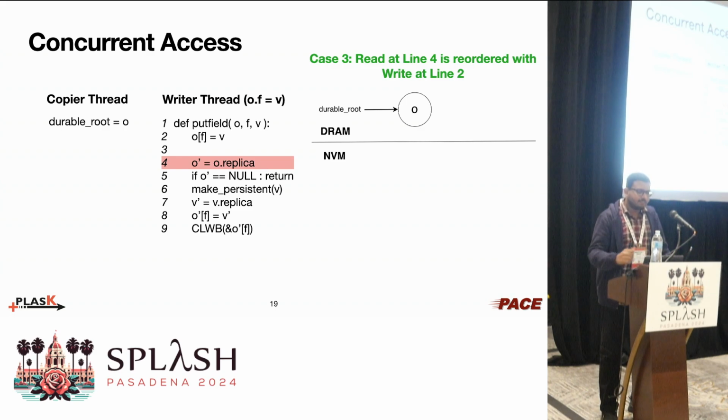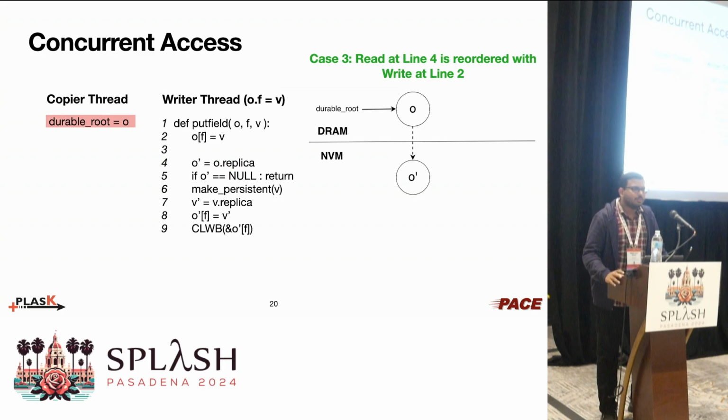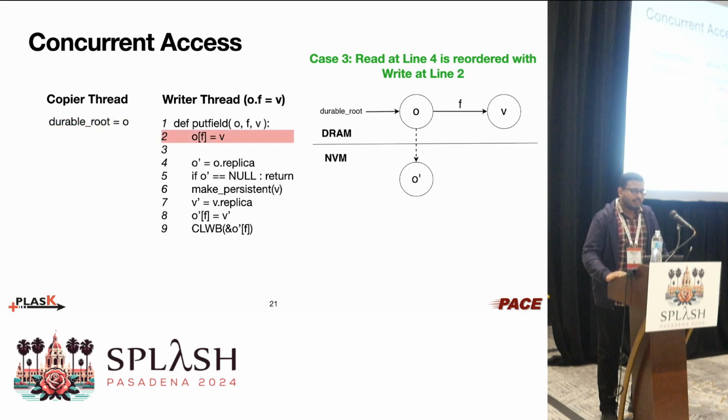We'll find that O does not have a replica yet on the NVM, and hence O dash is pointing to null. And then when we move to the copier thread, we'll simply make the copy for the object O on the NVM. And when we again go back to the writer thread, now instruction number 2, which was pending, is executed, and hence we add the pointer for field F of object O to the V.